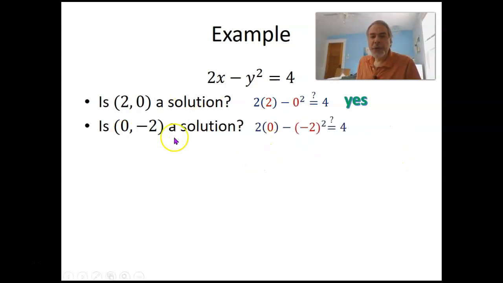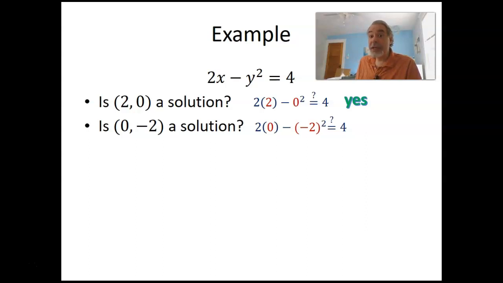But we need to know if we plug in 0 for x and -2 for y, are the two sides equal? Now remember, we have to follow the rules about the order of operations. So exponents come first. We have to take care of the y squared before we do the subtraction. And y squared means that whatever number we put in place of y gets multiplied by itself. That number gets squared.